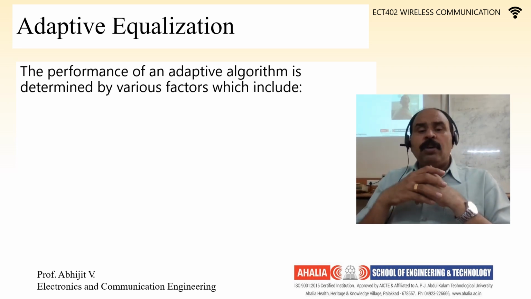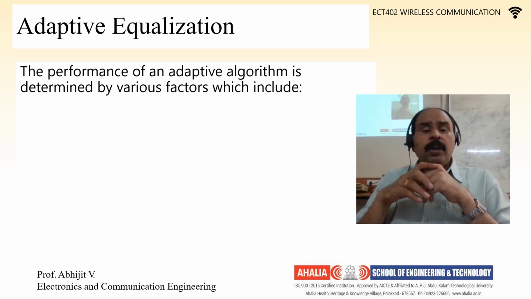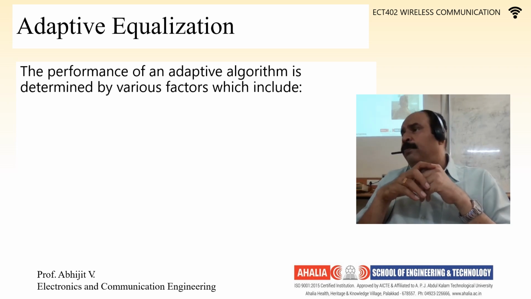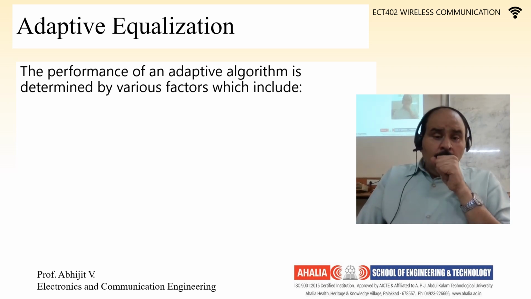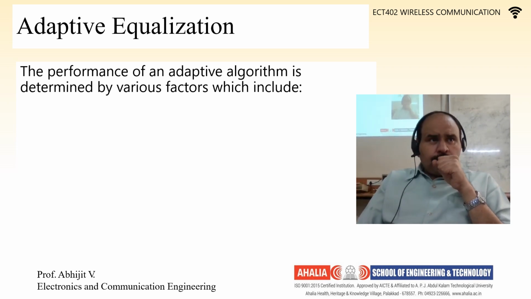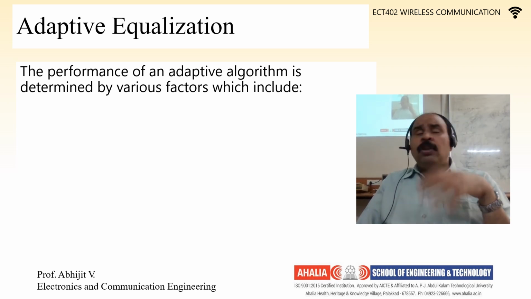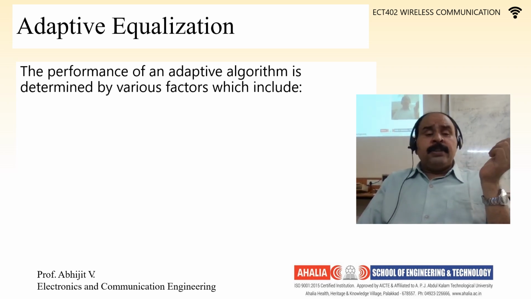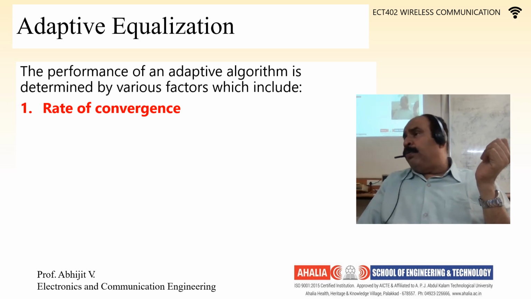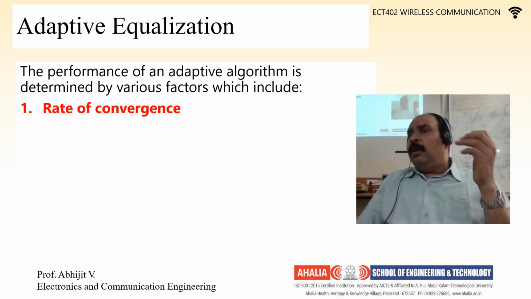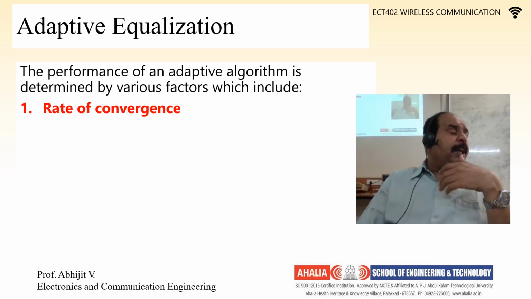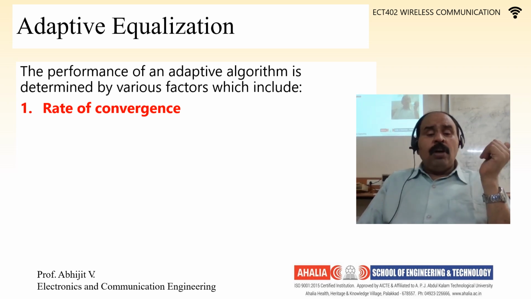The performance of an adaptive algorithm is determined by the following four factors. These are the major points; there are other factors that the adaptive algorithm gets influenced by. One is called rate of convergence.